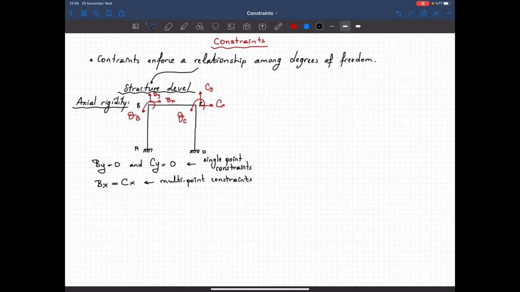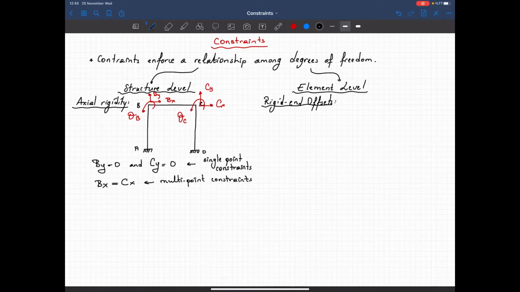This is the imposition of the constraint equations at the structure level, but we can also use this type of relationship at the element level, in the element formulations. Okay, and one of them, we haven't discussed it yet, but we will, is the rigid end offsets.